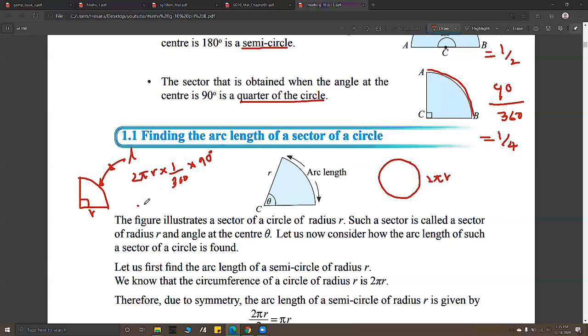Now you come up with 2 pi r times 90 over 360, which is 1 over 4. From this you can get L.